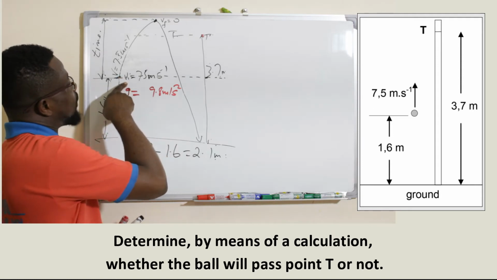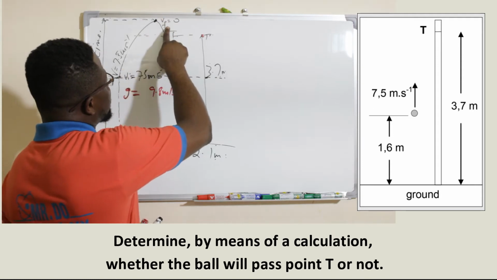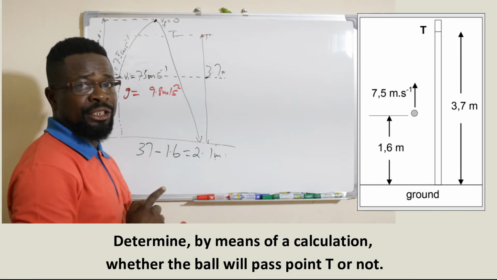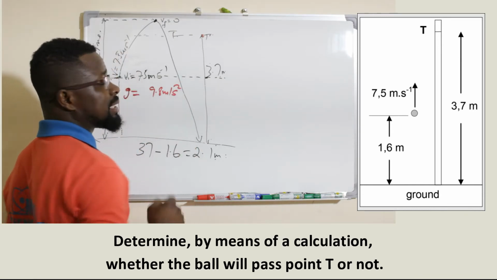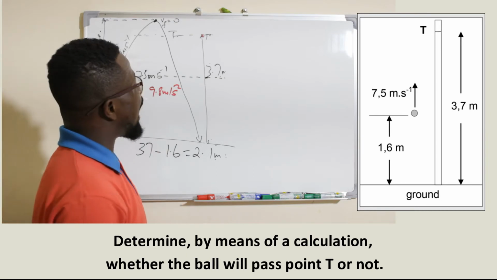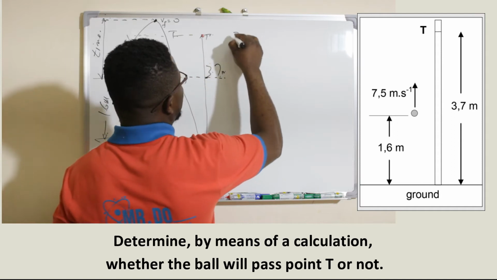So what do I know? I know the initial velocity. I know the final velocity. I know the acceleration due to gravity. And now I have calculated the time to reach the maximum height as well. So therefore, I can make use of the formula.